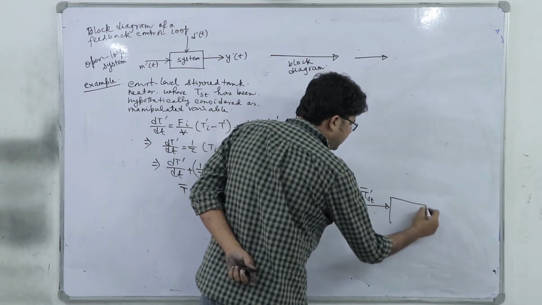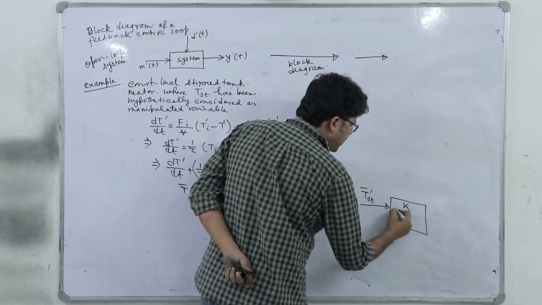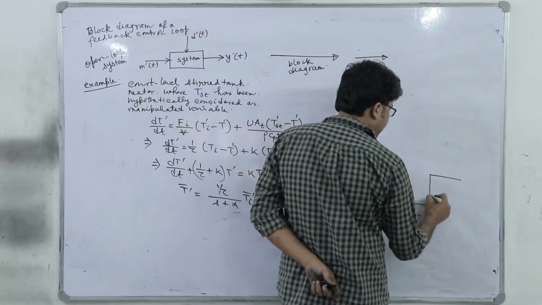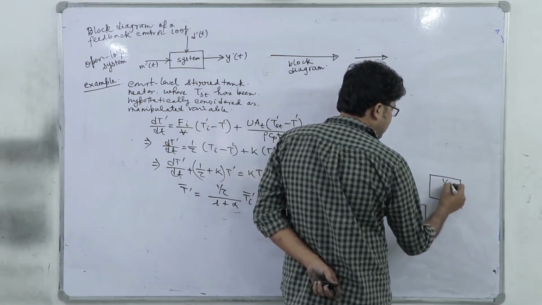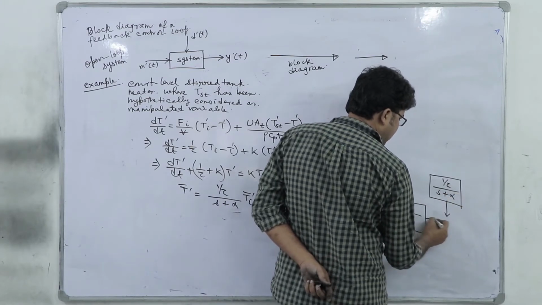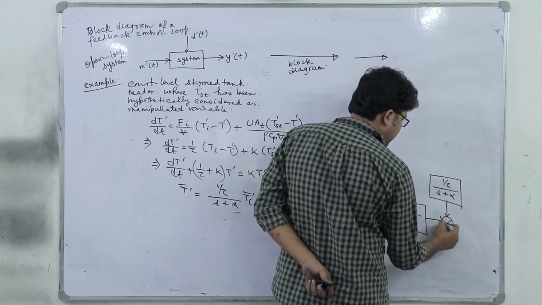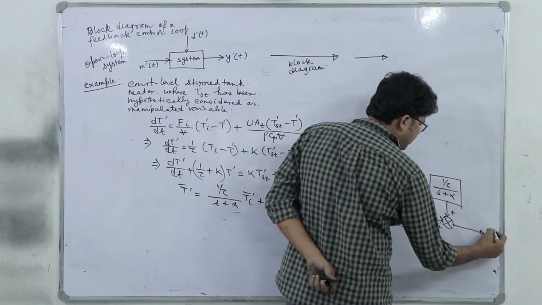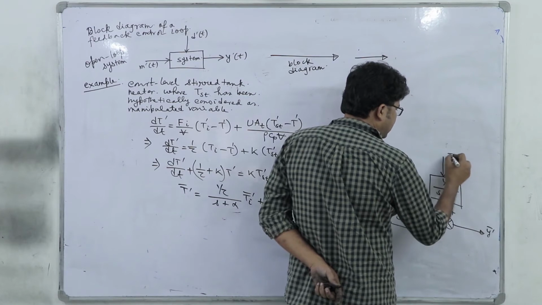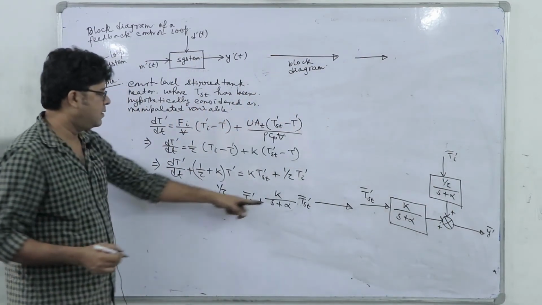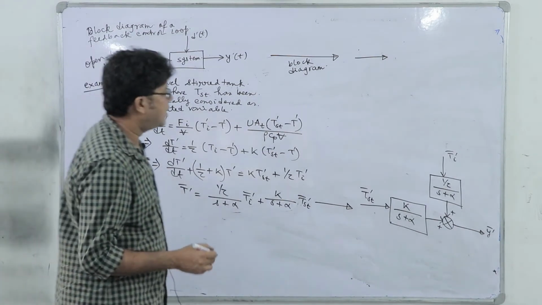It goes to that block K divided by S plus alpha, and here we have another block 1 by tau divided by S plus alpha. The outputs are getting combined, producing the final output Y prime bar, and here we have the disturbance, right. Just from this we have mapped the block diagram.